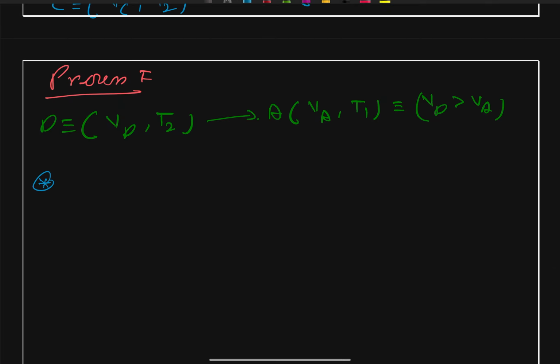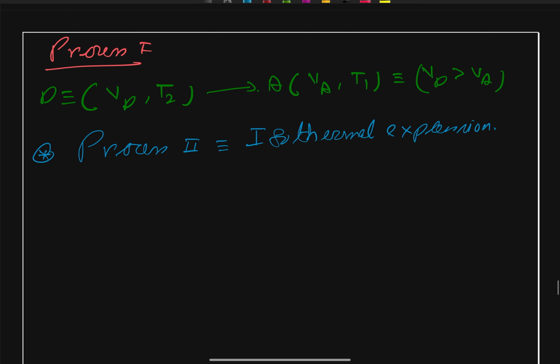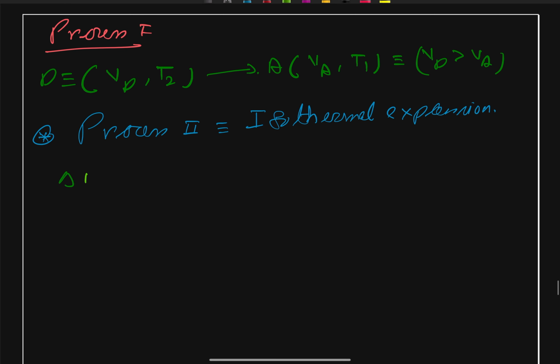Therefore we can say the process 2 is isothermal expansion. Therefore delta T will be equal to 0 and volume is going to increase, so we can say our delta V is greater than 0.